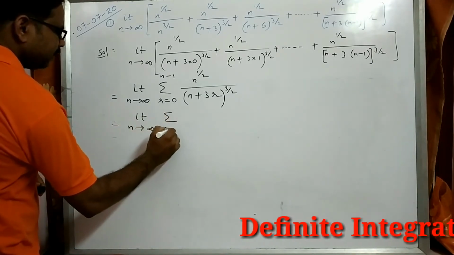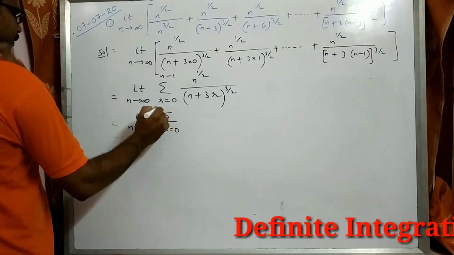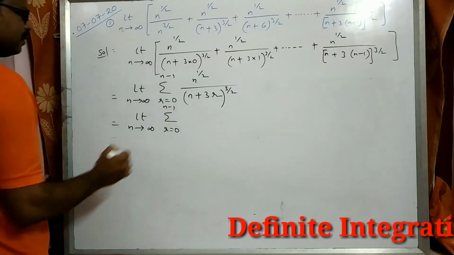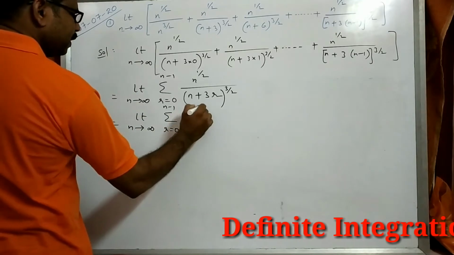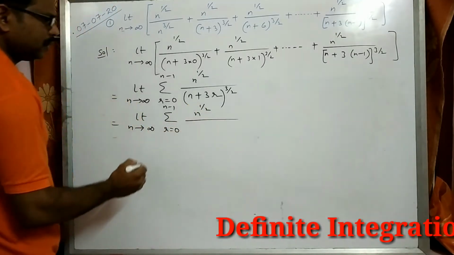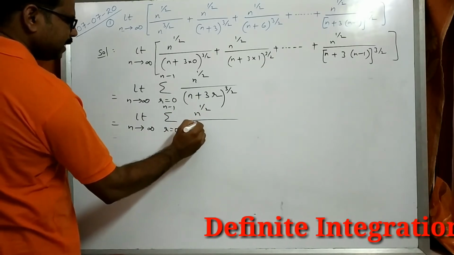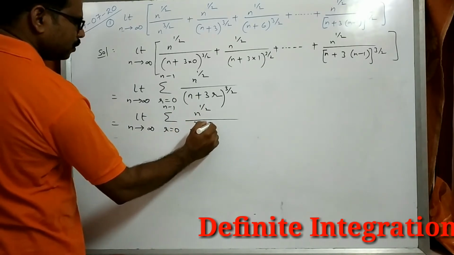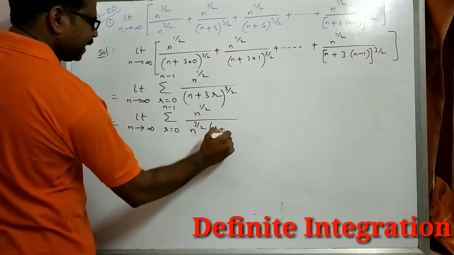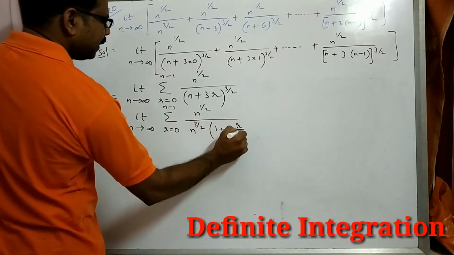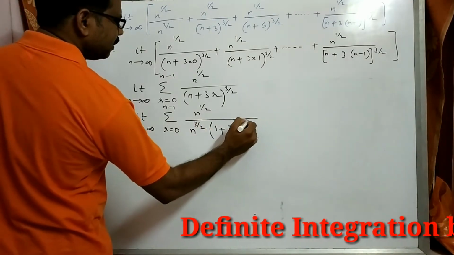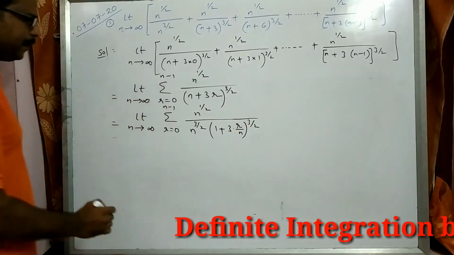Summation r equal to 0 to n minus 1, n power 1 by 2 upon, if I take n common inside, when it comes outside, n power 3 by 2 of 1 plus 3 into r by n whole power 3 by 2, right?